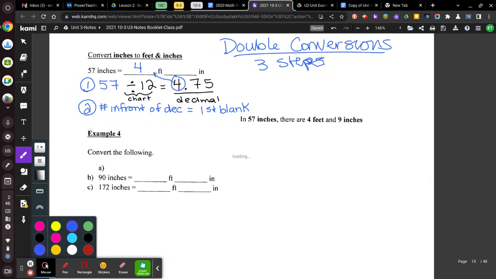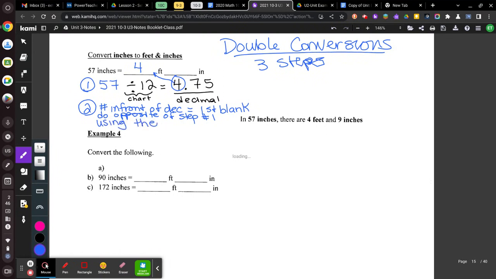And now we do the opposite of step 1, using the number on the first blank.